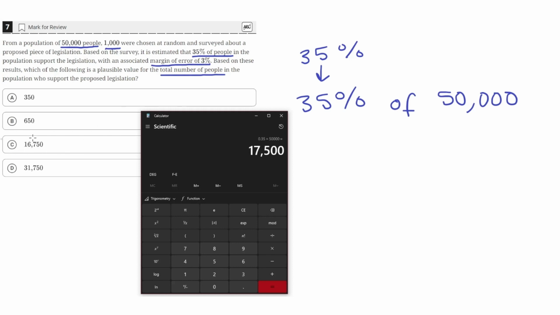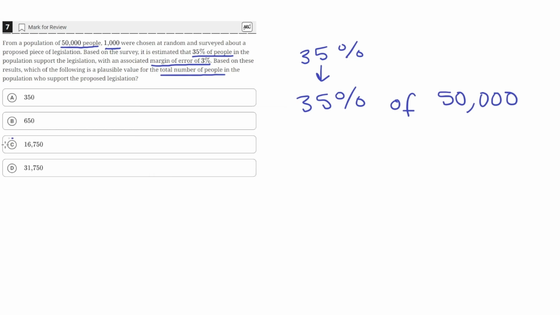So the closest choice to 17,500 would be the most plausible value for the number of people that support the legislation. The other answer choices, 350, 650, 31,000, are well away from 17,500. So they wouldn't be in the 3% margin. Only C would. So C is the answer.